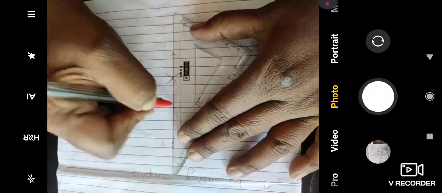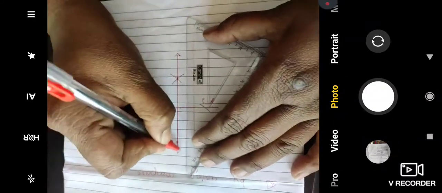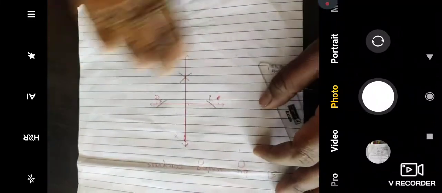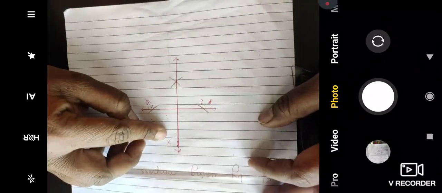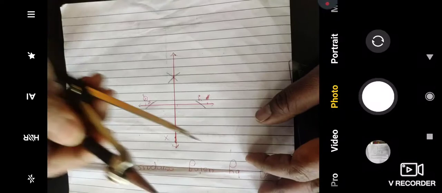Okay, in this way we have to draw the line perpendicular to the given line from the point outside the line by using a compass. Okay, so here are three methods that I showed you now. First method is by using a folding paper. For that I took paper, I drew the line, I took one point P above the line, and then first of all fold the paper at MN.